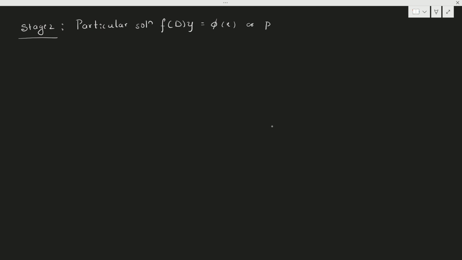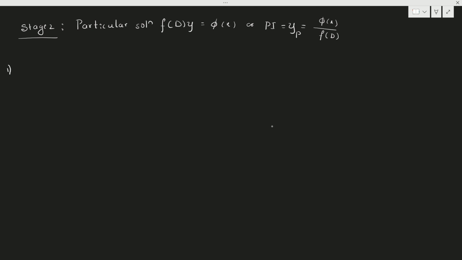For the particular integral, we write yp equal to phi of x divided by f(D). So here we have 5 types.